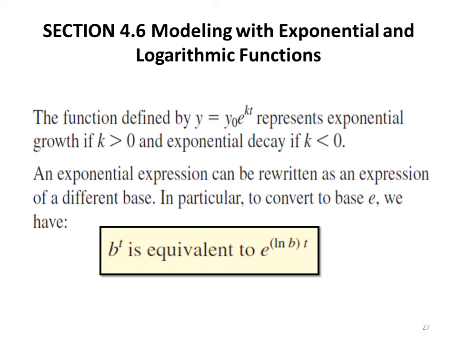Remember, this term e to the ln b times t is the same as e to the power ln b, and everything is raised to the power t. The exponential is the inverse of the ln, so you end up with b raised to the power t. But certainly this expression b to the t can be rewritten as e to the power ln b times t. So you can always work with an exponential form where the base is equal to e.